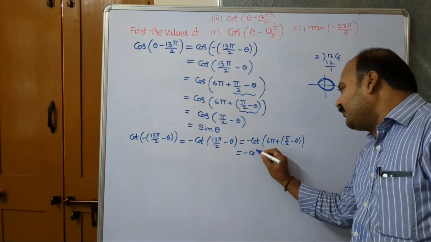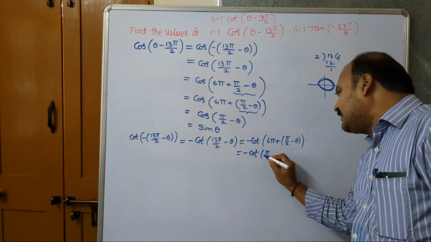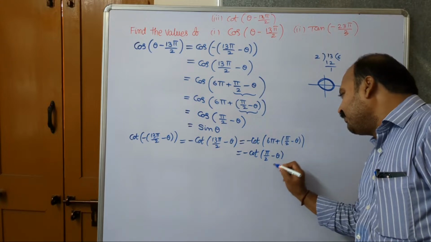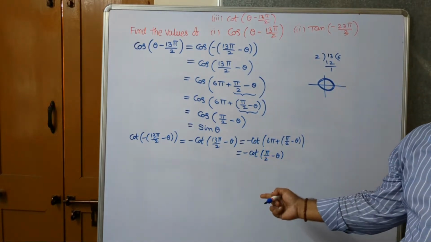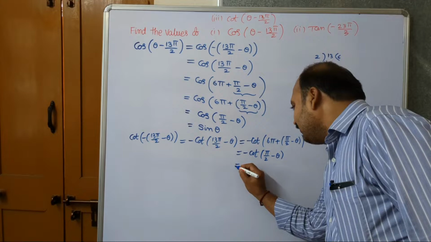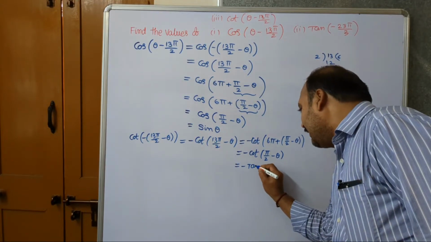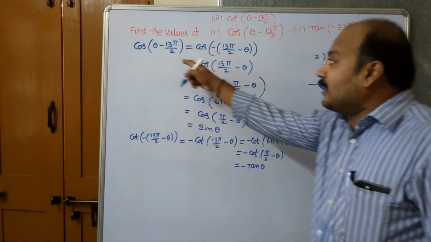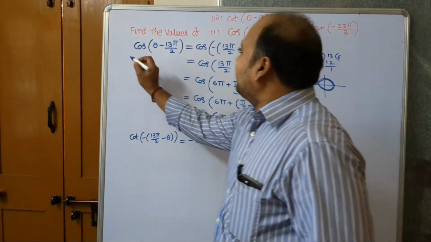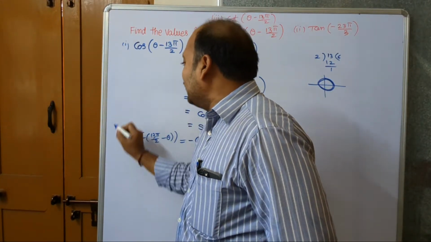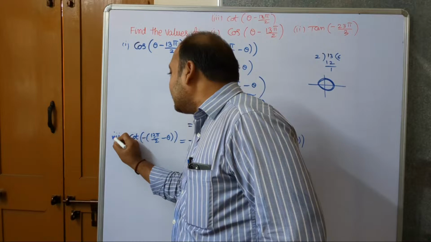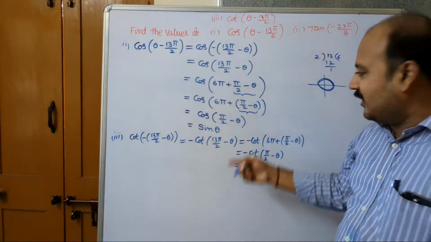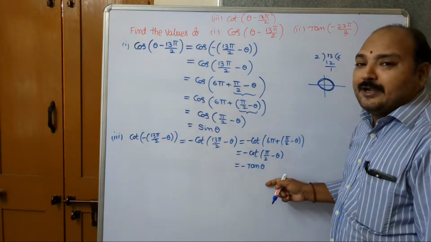Cot only will come. Cot of pi by 2 minus theta is tan theta. Minus tan theta. Whenever function comes, it changes. This is the first question, dear students. This is the third question. In place of cos, I have taken cot, but we are getting minus tan theta.